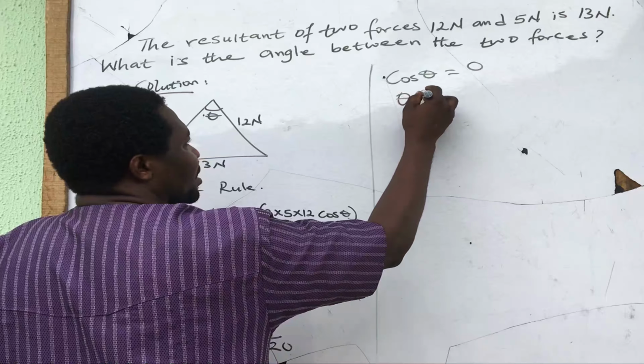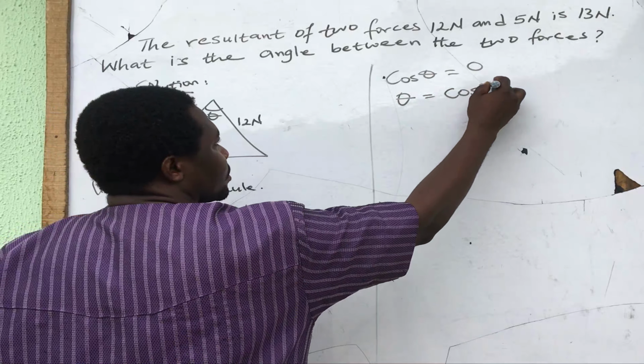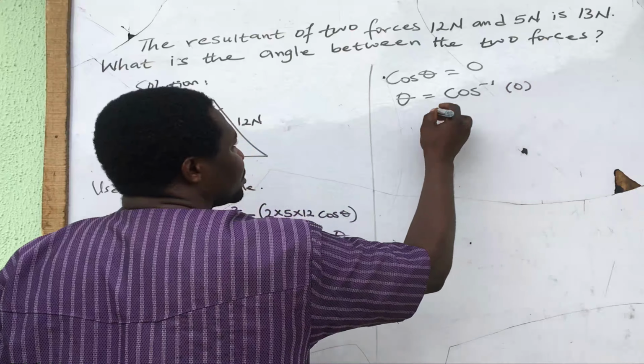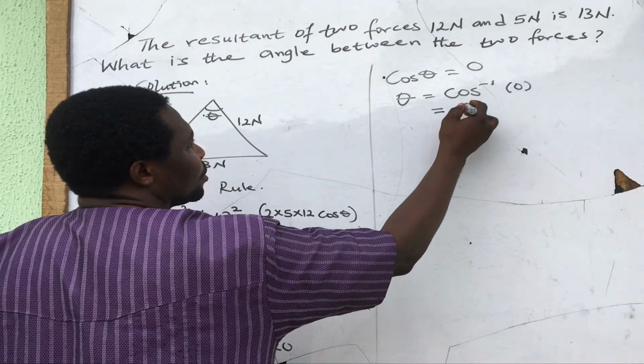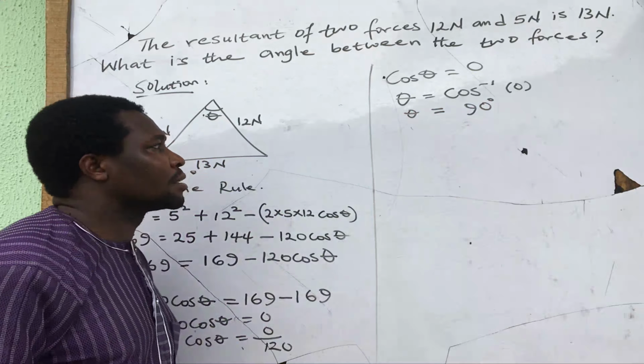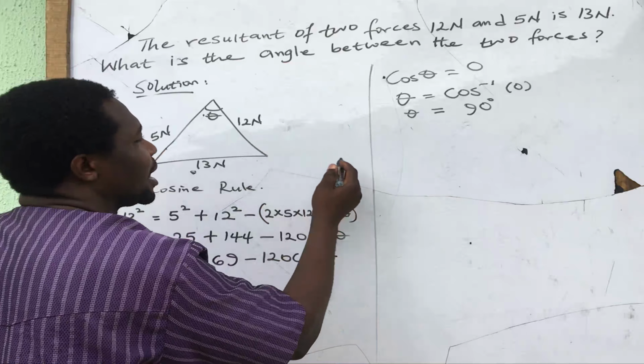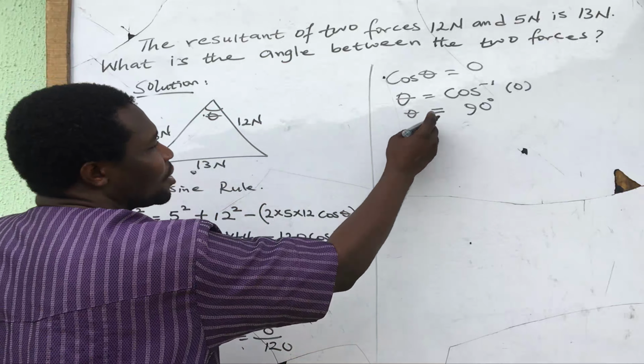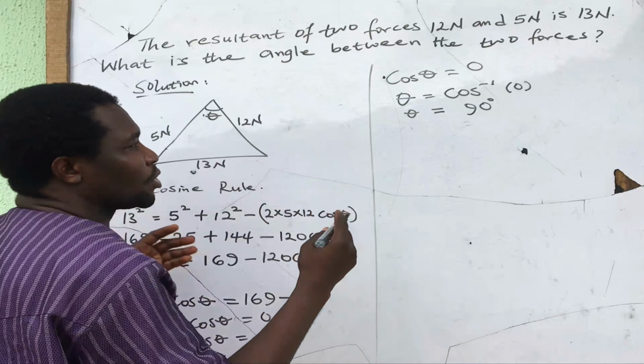So you can easily find theta now. Cos of 90 degrees is 0, so theta is 90 degrees. That means the angle is perpendicular. The angle between the two of them, they are perpendicular to each other.